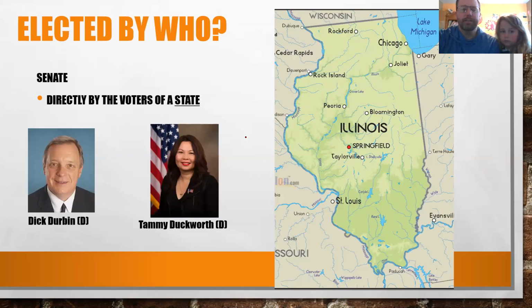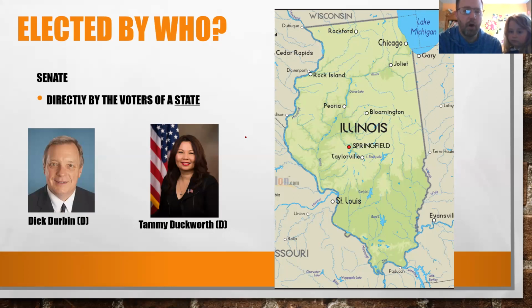All right, the Senate's a little different. So the districts, you're representing a district of people based on an address. All right, so the senators are going to represent the entire state. So they're trying to get it voted in by both rural and urban areas. So they have to think about what's best for the entire state of Illinois, whether it's people in urban areas like Chicago or out in the farmlands of Bloomington or out in the middle of nowhere in Illinois.